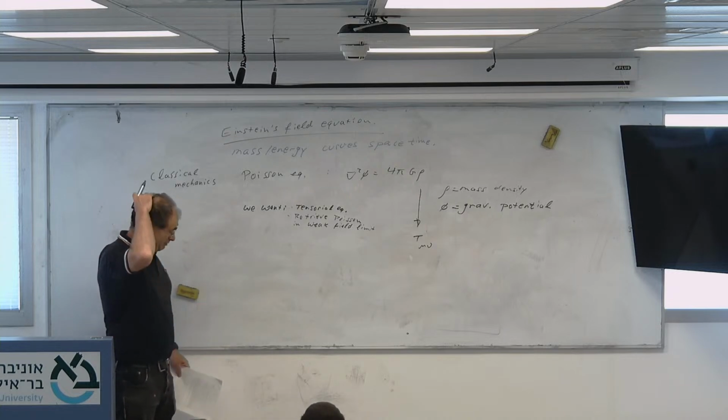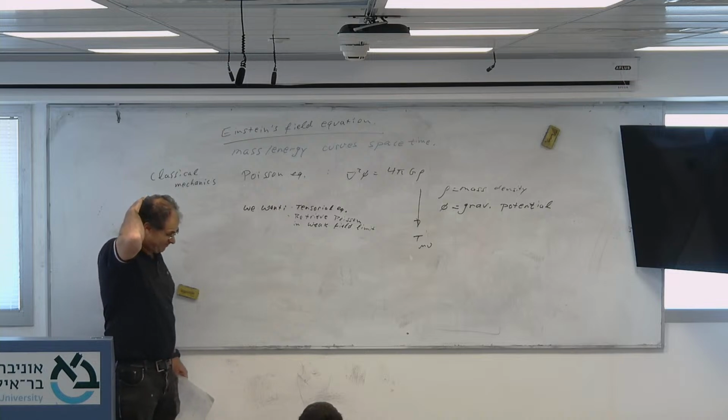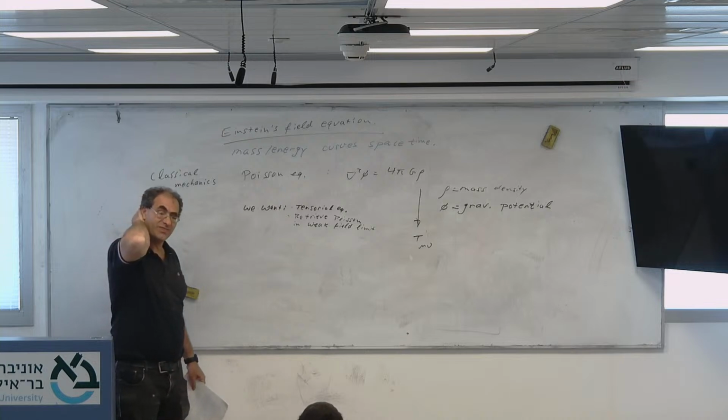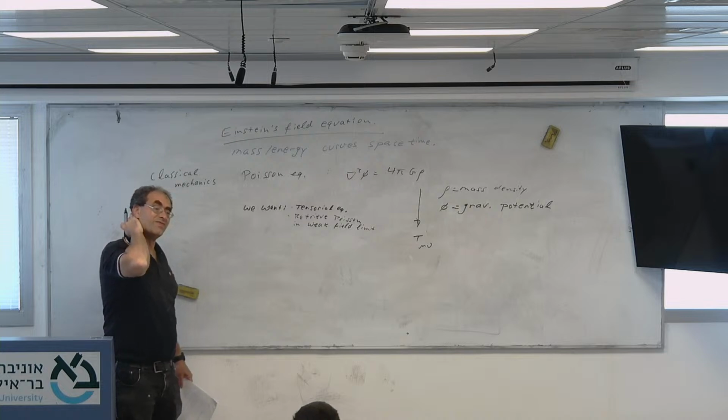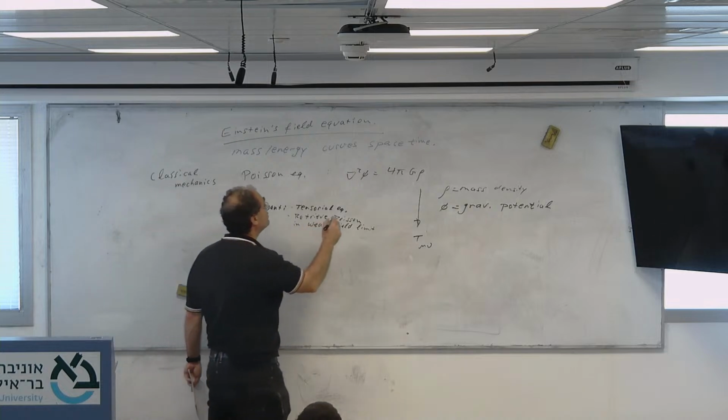What did we say replaces the gravitational potential? The metric tensor.